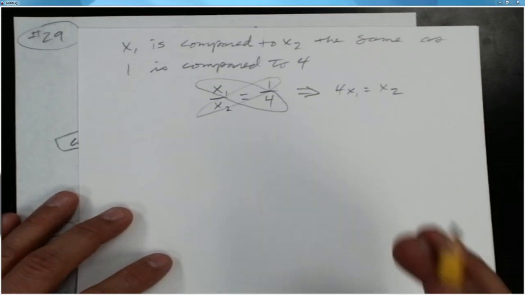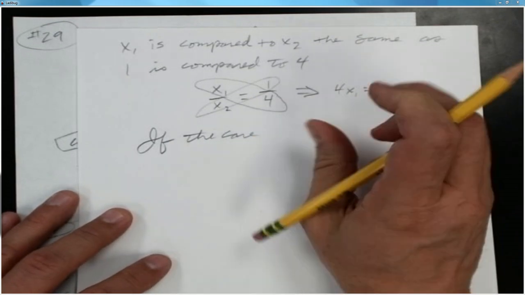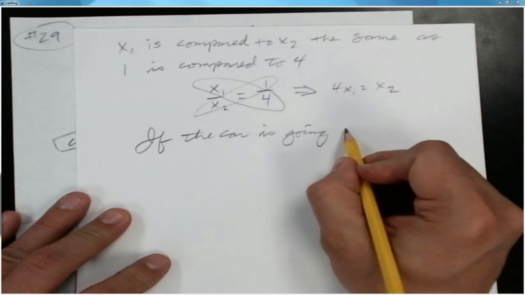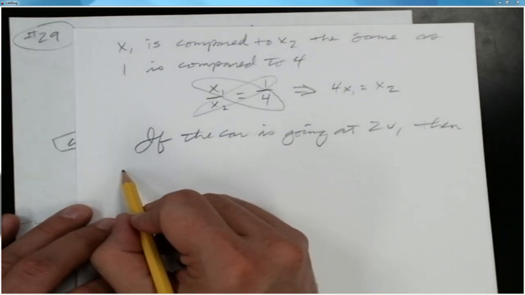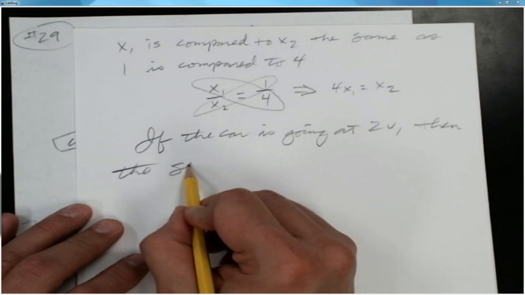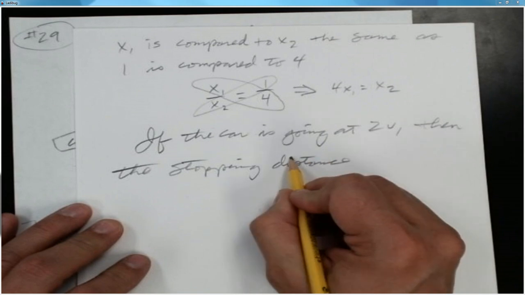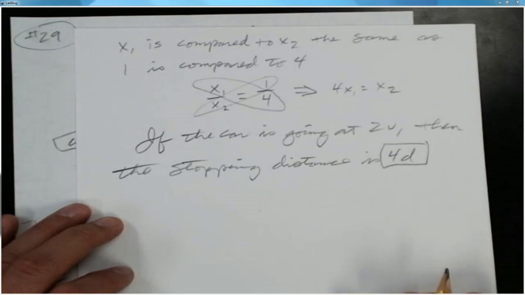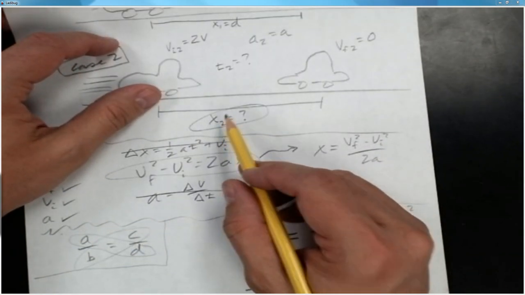Well, if the car is going at 2v, then the stopping distance is 4d. It's 4 times the initial distance, because if the initial distance was d, 4 times that is 4d.